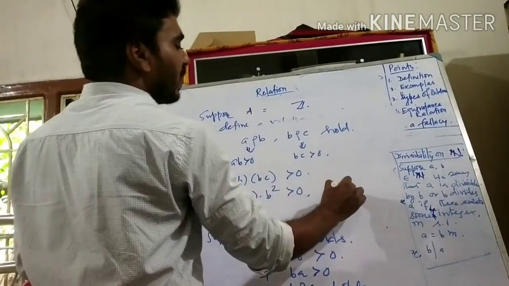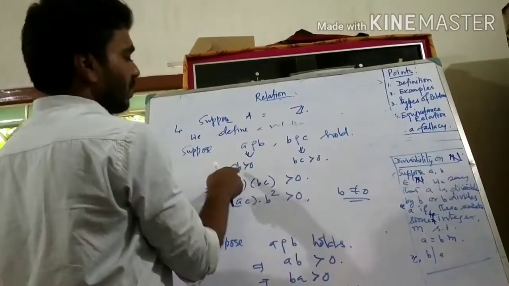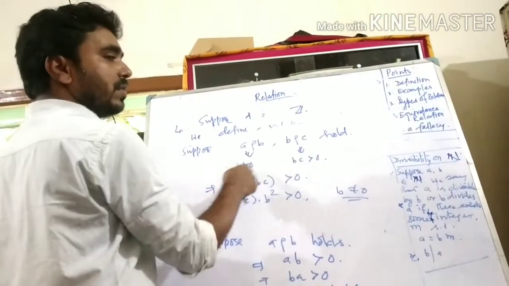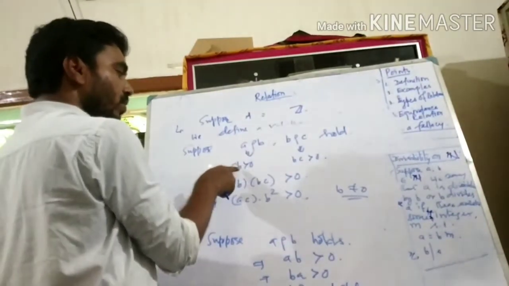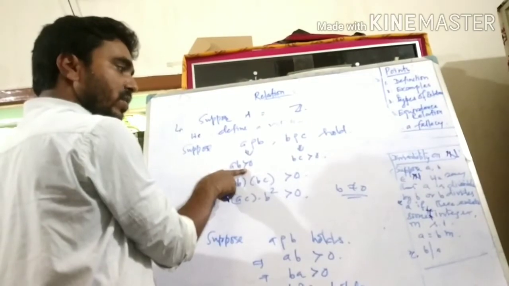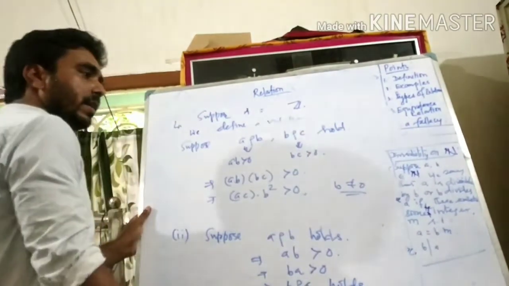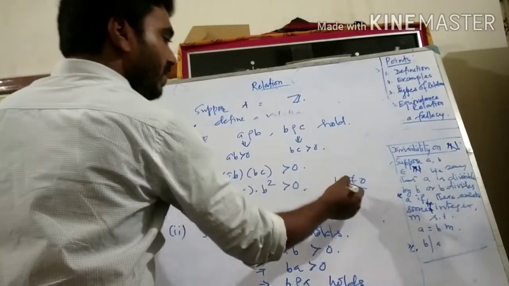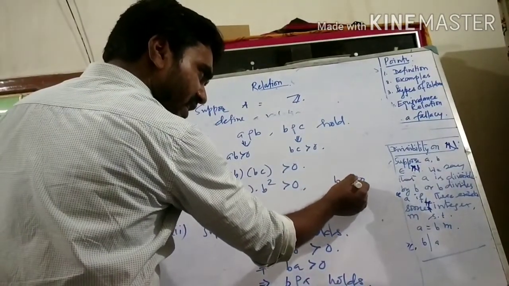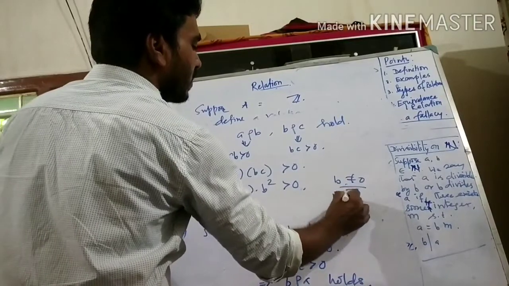Now B cannot be equal to 0 from this observation. Because if B is equal to 0, then A dot 0 equals 0, but here it is still greater than 0. So B cannot be a 0 element. Since B is non-zero, B square is still greater than 0.